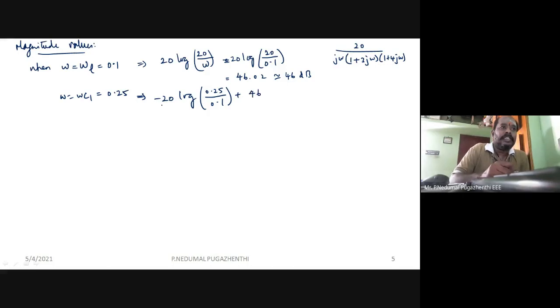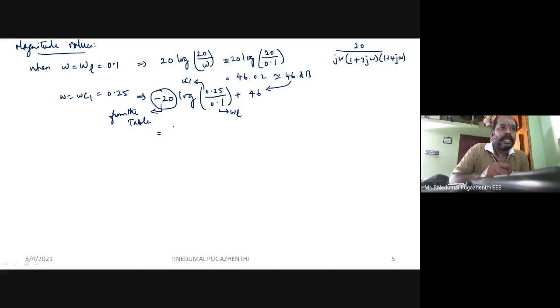I am repeating again. I am taking this minus 20 from the table. The logarithm of this 0.25, which is the present omega C1, divided by 0.1, the previous omega, plus 46, the previous magnitude value.